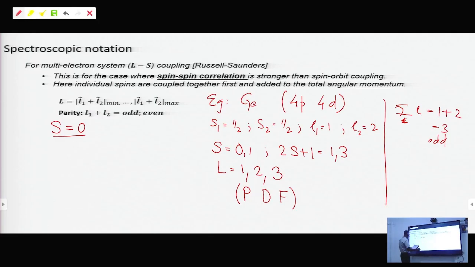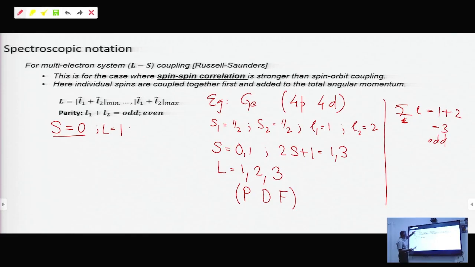So J is equal to L, that is, J equal to 1, 2, 3.